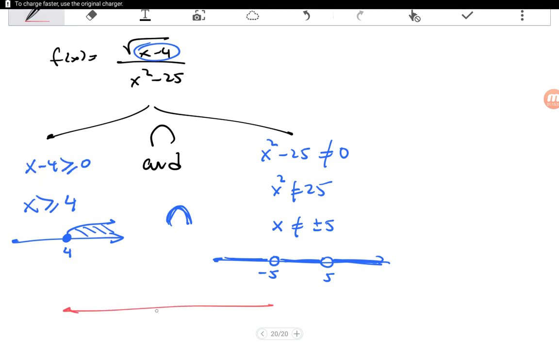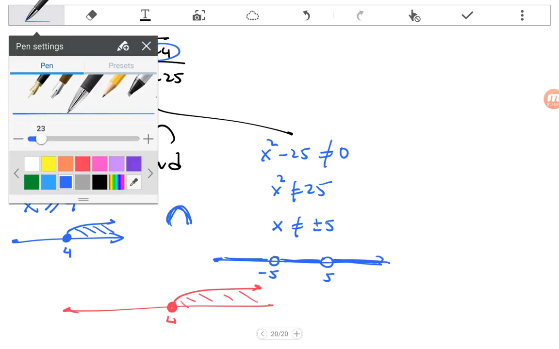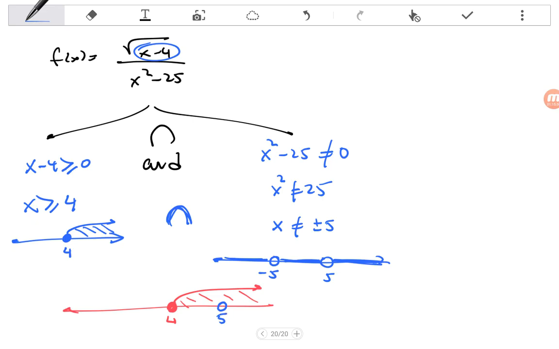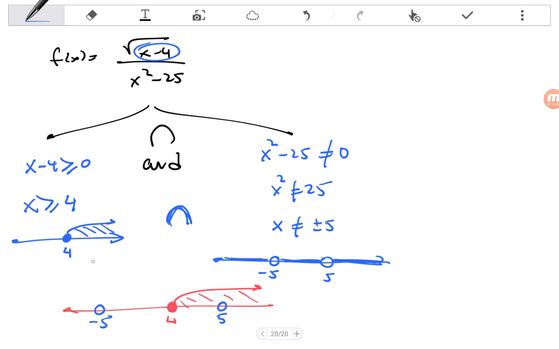This is from 4 to infinity, and we exclude 5 and negative 5. So we'll exclude 5 and negative 5 like this. This is 5 and this is negative 5. Negative 5 is already outside the considered domain, but only 5, positive 5, is considered inside this part of the domain.